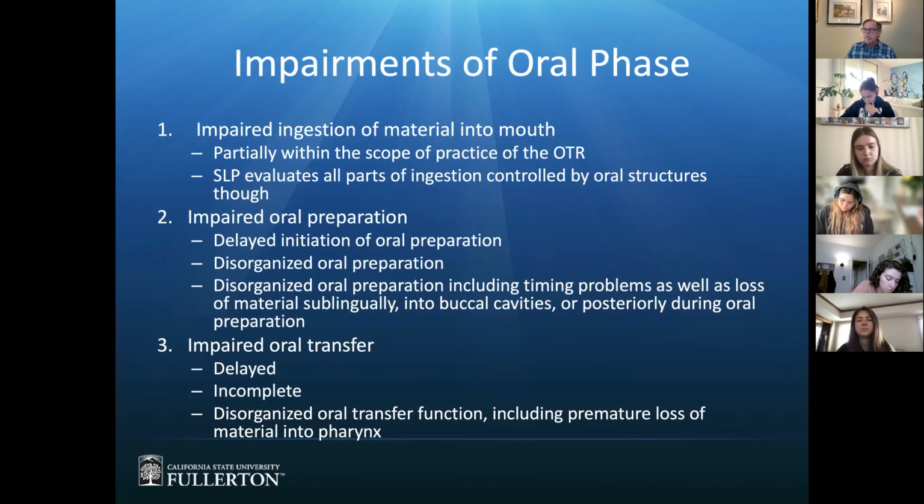They can lose it into the buccal cavities. They can lose it down into the throat too. So that's disorganized oral preparation. And a third subcategory of impaired oral preparation is disorganized oral preparation, including problems of timing, as well as loss of material into all of those areas.